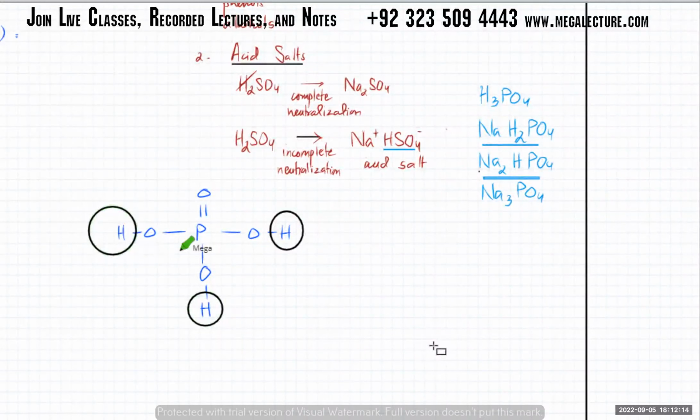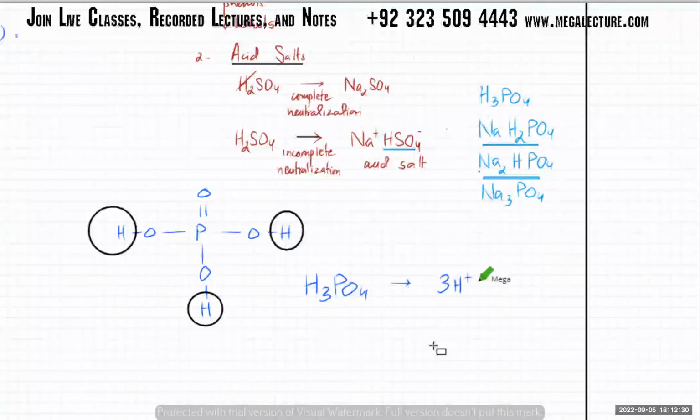We always just write that H3PO4 loses all the three H plus ions in one go. Okay, we have a tendency to write this. But this is not how it actually works.